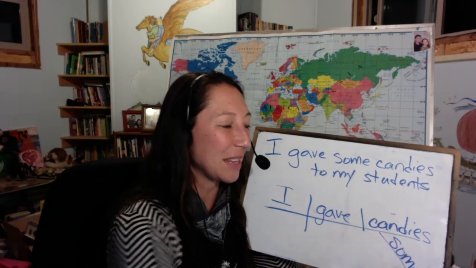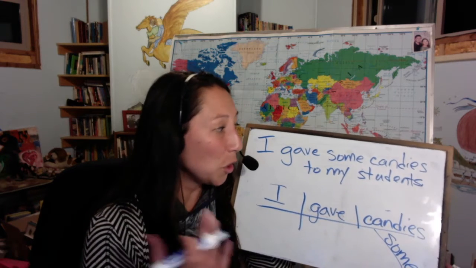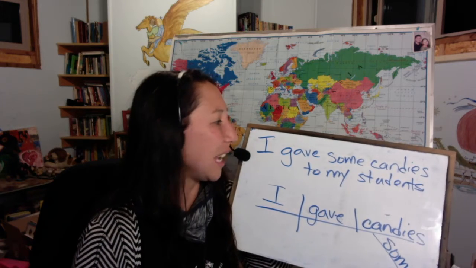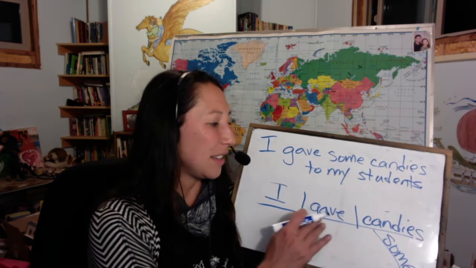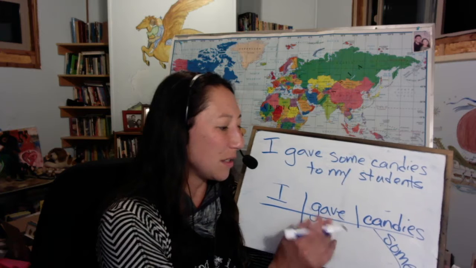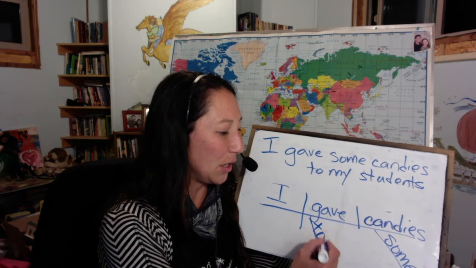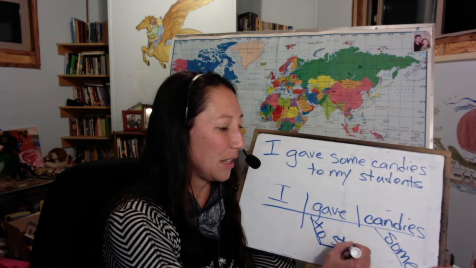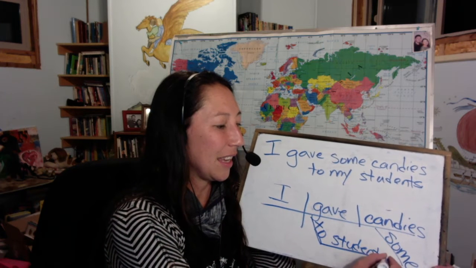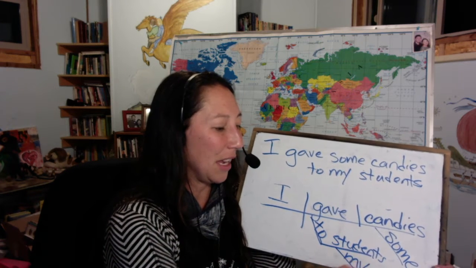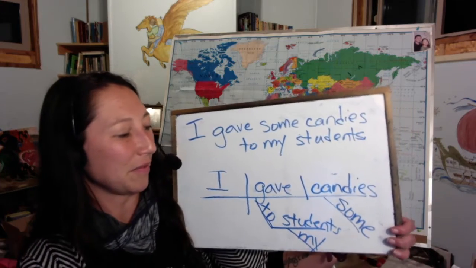Here's my adjective that modifies candies. To whom did I give my candies? So to my students is to whom I gave it. So I have to hang it off of gave. To students and my. I've got my indirect object right here.